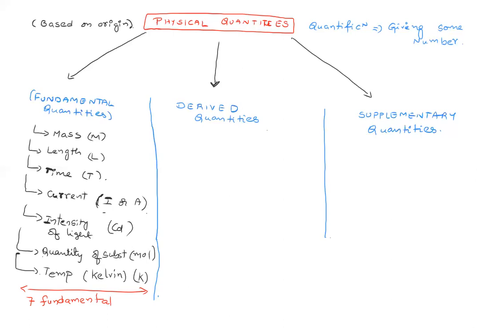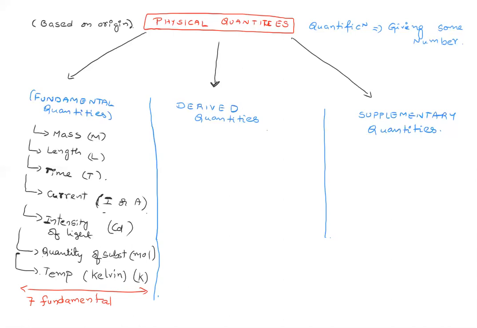Whatever you define or measure or calculate in physics, directly or indirectly these fundamental quantities will be there. So there are totally 7 fundamental quantities.